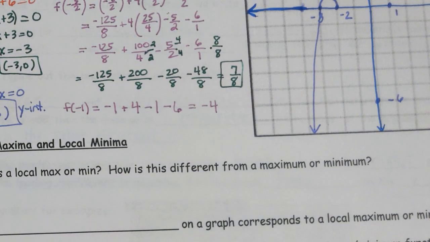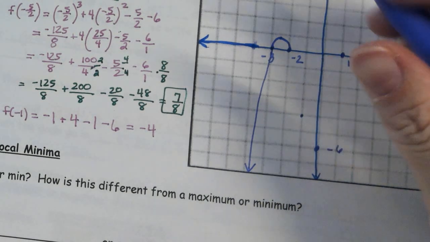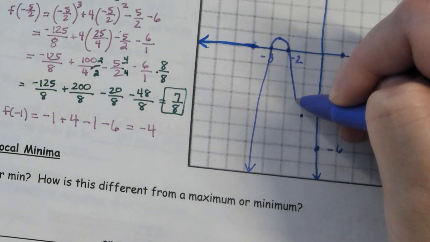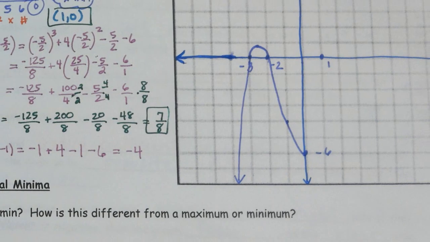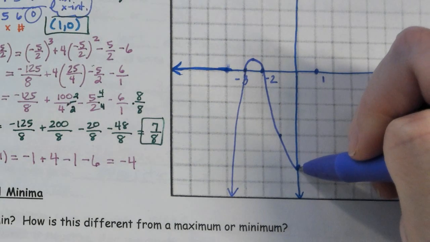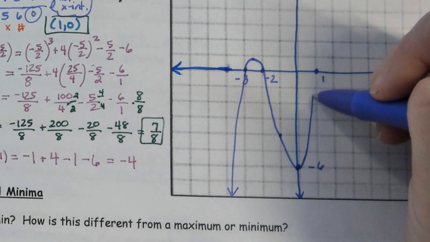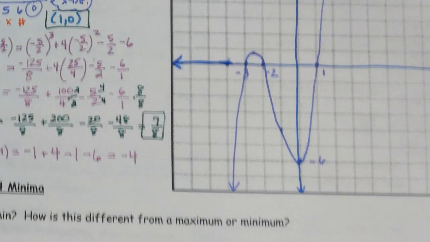So then let's plot that. 1, 2, 3, 4. Now this is going to be smooth here. And then we know that on this side it has to go up, so I can curve this here. And there you go.